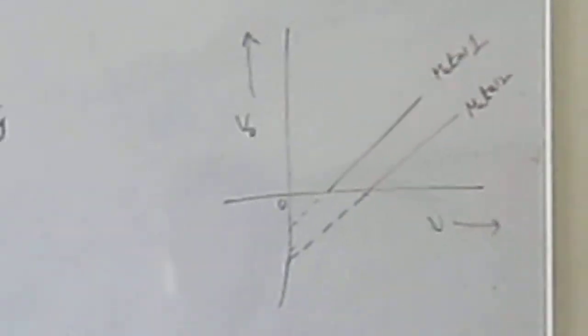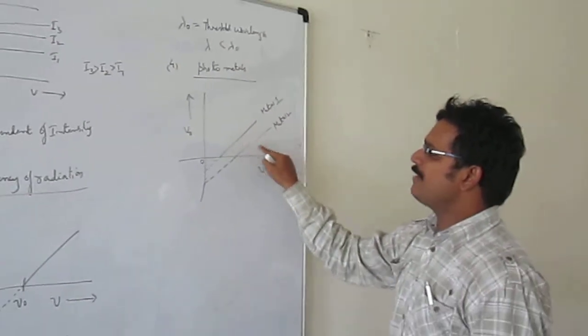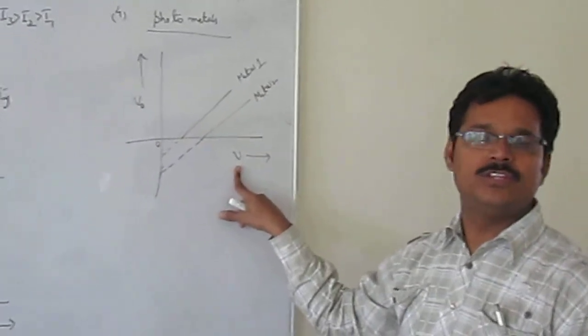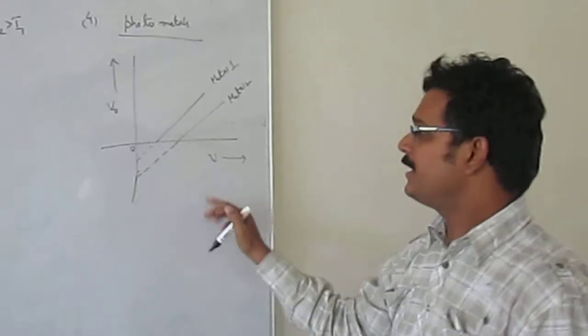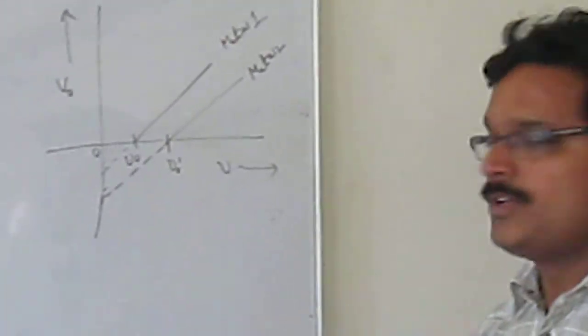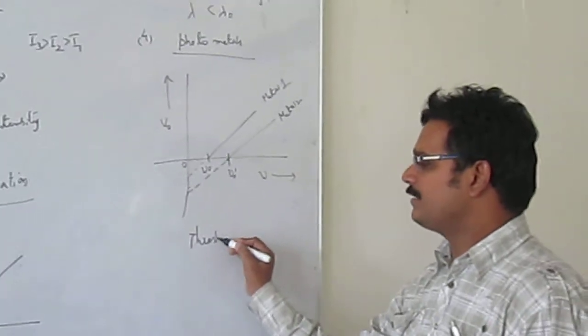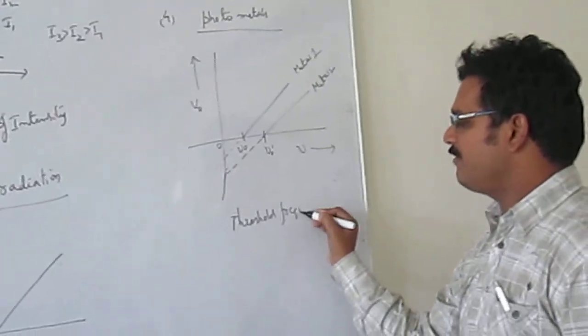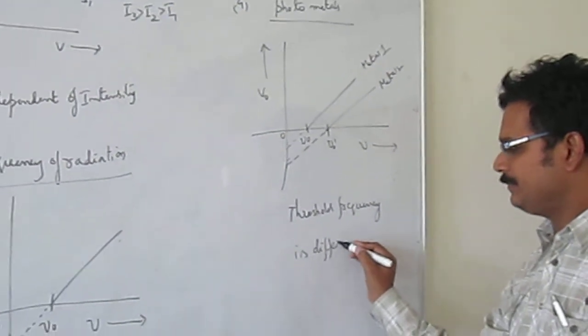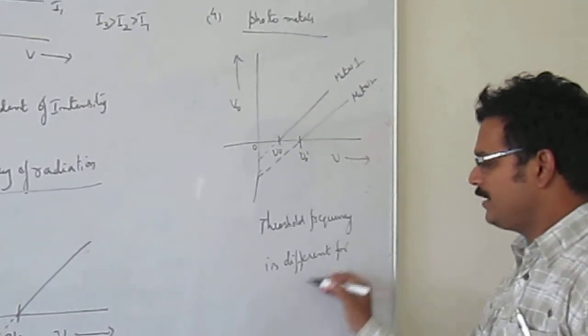What they observed is that each and every metal follows the same nature. For every metal, V0 is directly proportional to nu. And the difference is that each metal has different threshold frequencies. So threshold frequency is different for different metals.